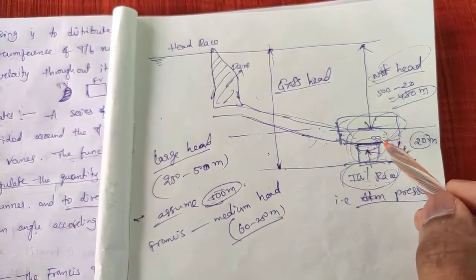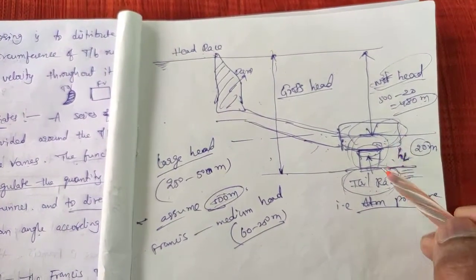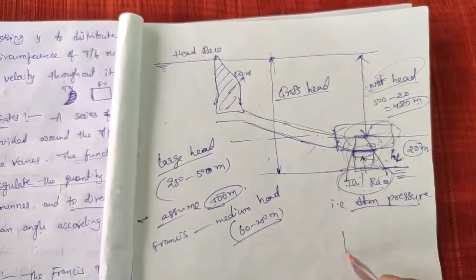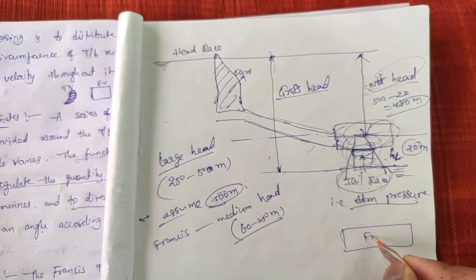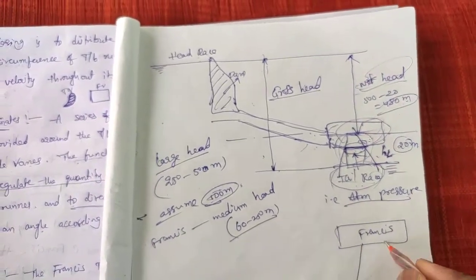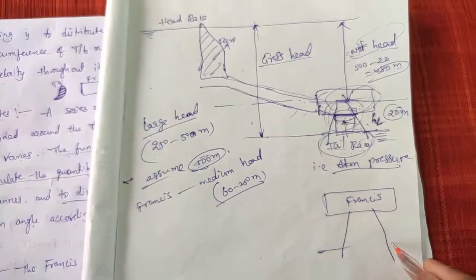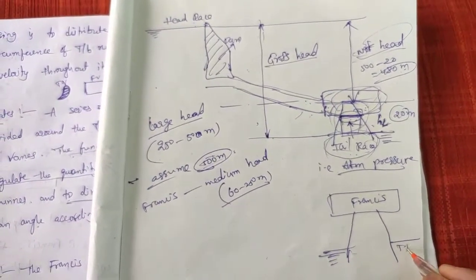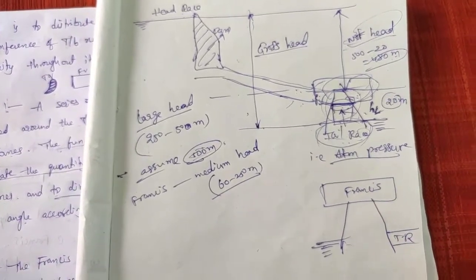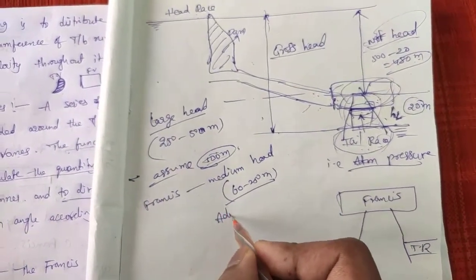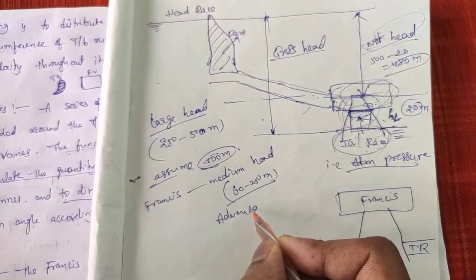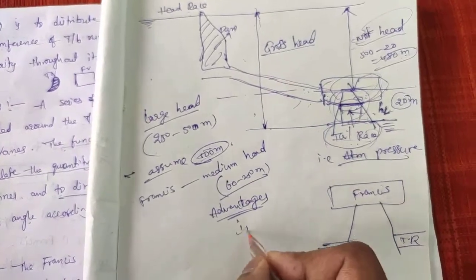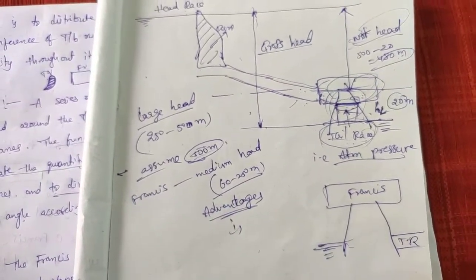To avoid this damage, we install a draft tube on the Francis turbine, and this draft tube is dipped in the tail race. Let me explain the advantages of using this draft tube. The first advantage is head.